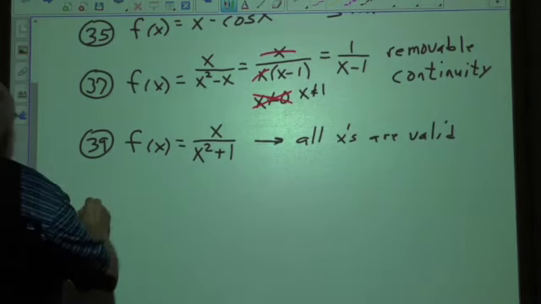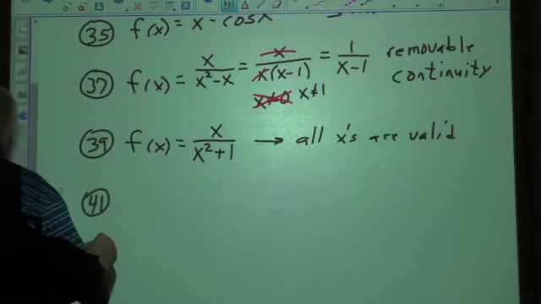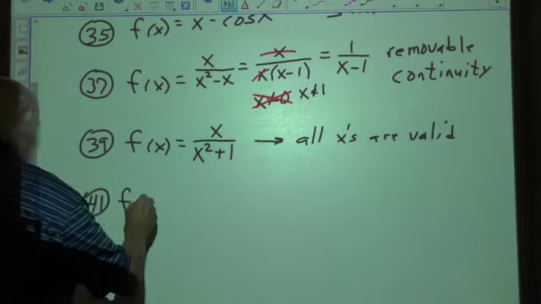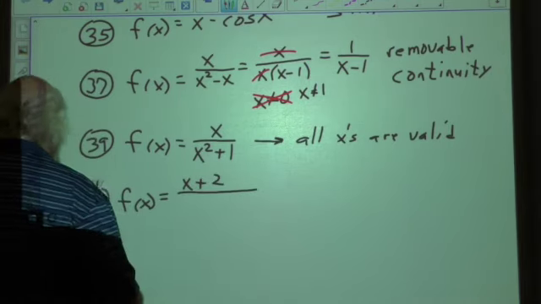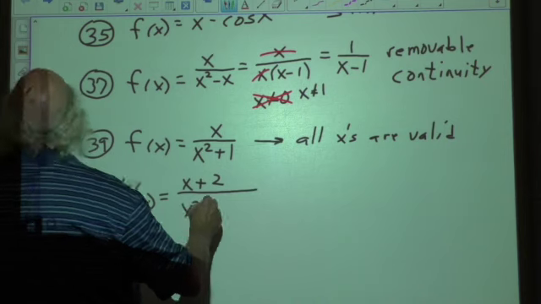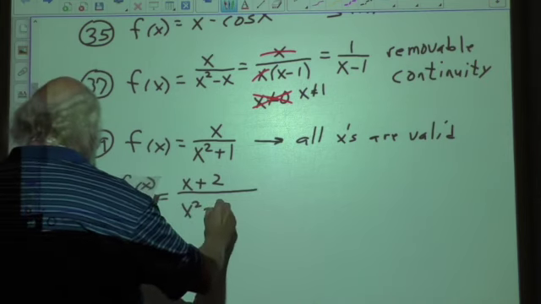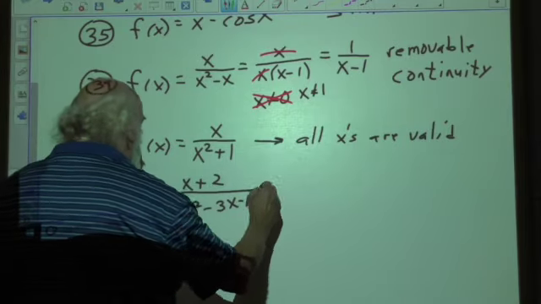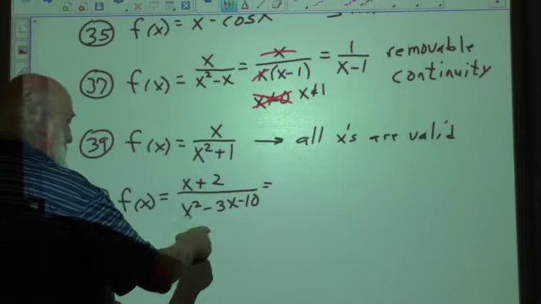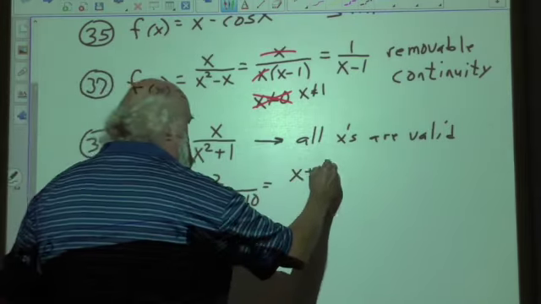Number 41, f of x equals x plus 2 over x squared minus 3x minus 10. Definitely need to factor this out. x plus 2 over here.